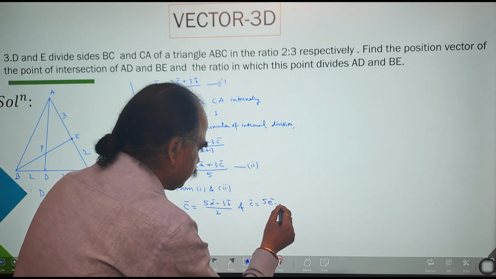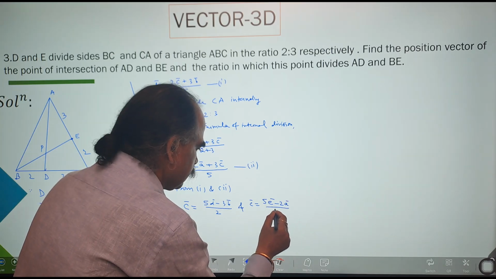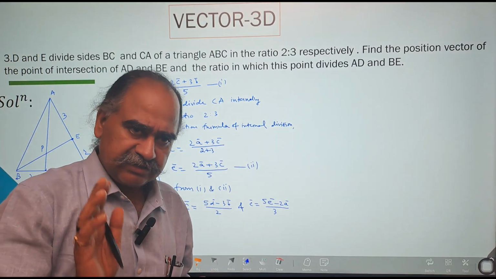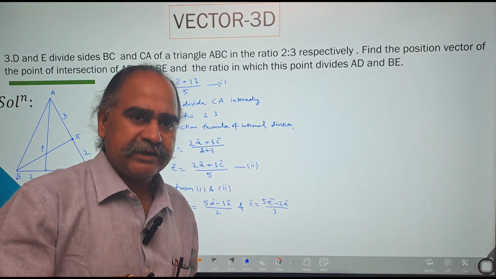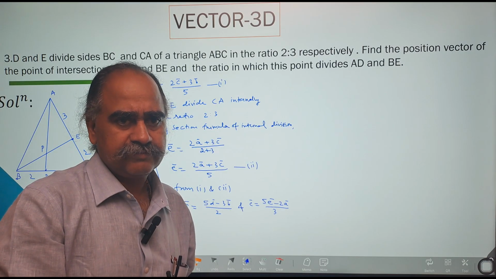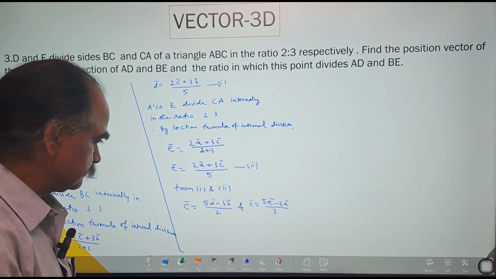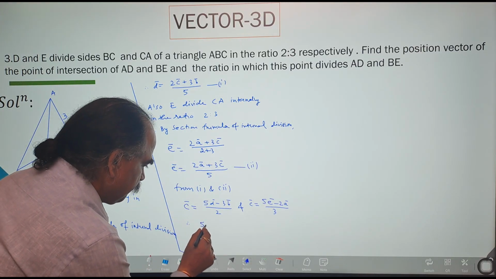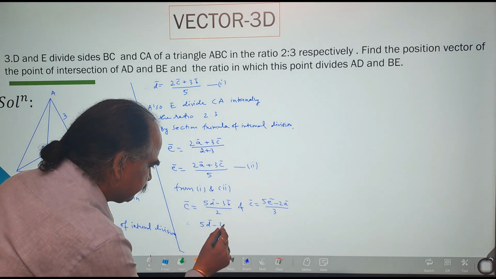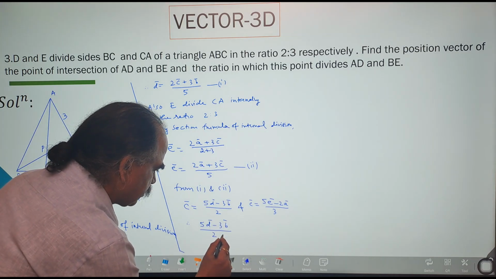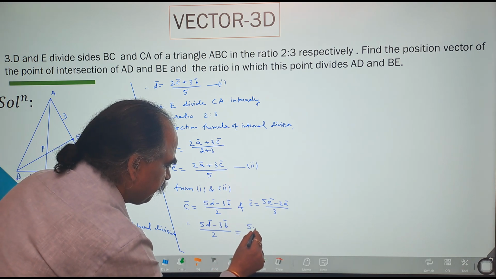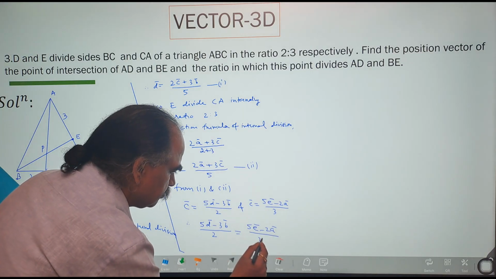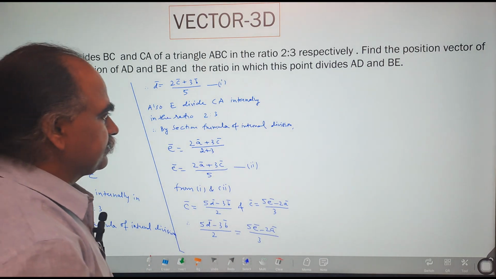The vector which is not required, find its value from both the expressions. Therefore, 5D bar minus 3B bar upon 2 is same as 5E bar minus 2A bar upon 3. Now cross multiply.